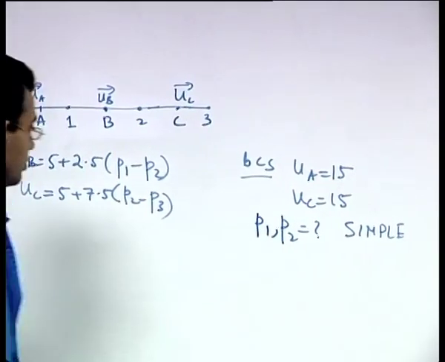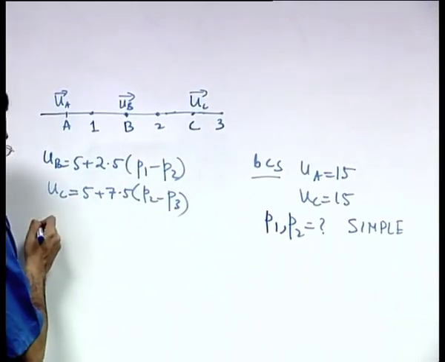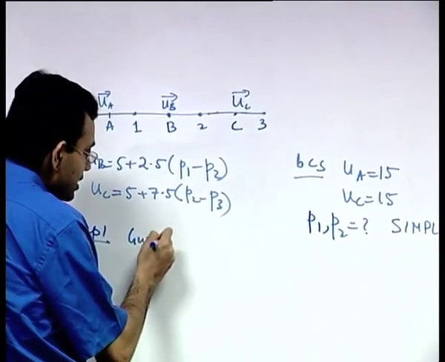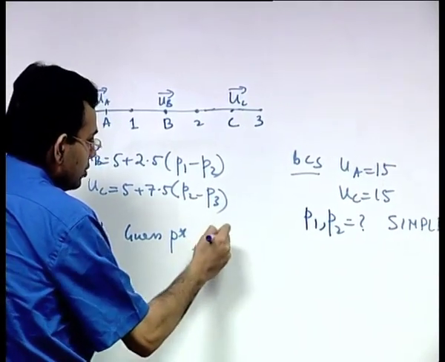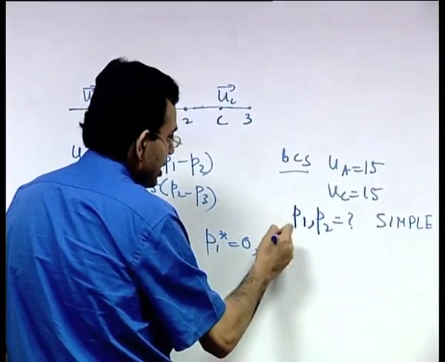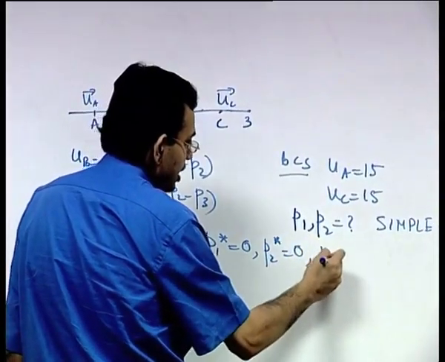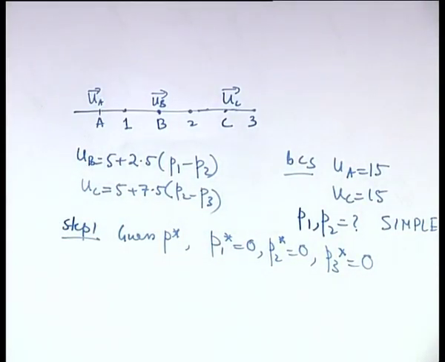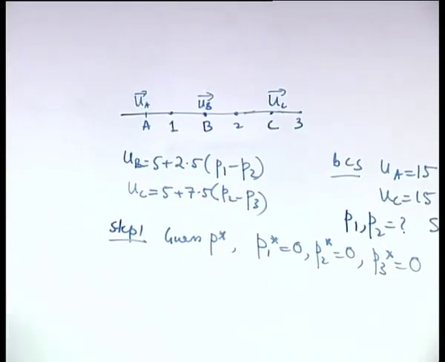So if you want to follow a simple algorithm based procedure, what is step 1? You have to guess a pressure field. So let us say P1 star equal to 0, P2 star equal to 0, P3 star equal to 0. We know that these are not correct, but a guess is a guess, we can always make incorrect guesses.